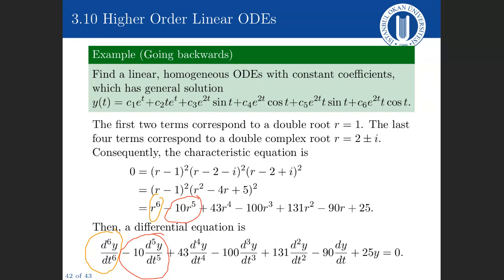Final term, instead of plus 25, we have plus 25y, and then equal to 0. If I give you the general solution to a homogeneous linear differential equation, you can write down the characteristic equation, and then from the characteristic equation, you can write down a differential equation.